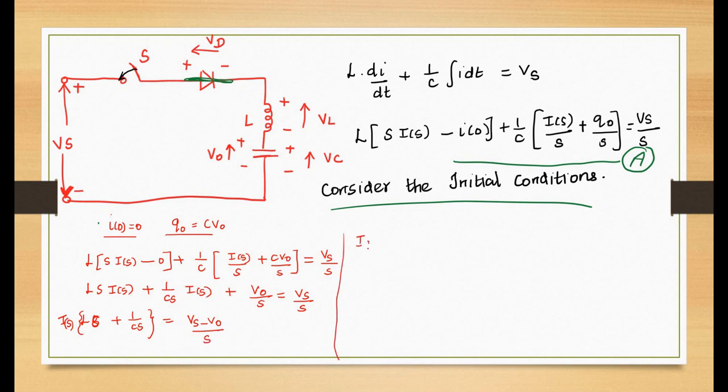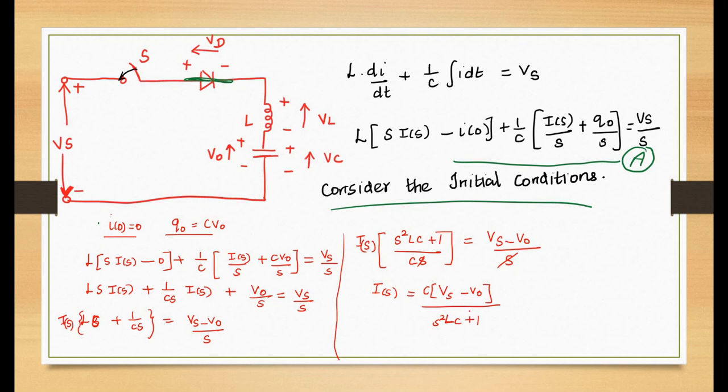And next write I of S into, you have to take LCM, S square LC plus 1 by C S equal to (Vs minus V0) divided by S. S gets cancelled. So I of S is equal to C into (Vs minus V0) divided by S square LC plus 1.